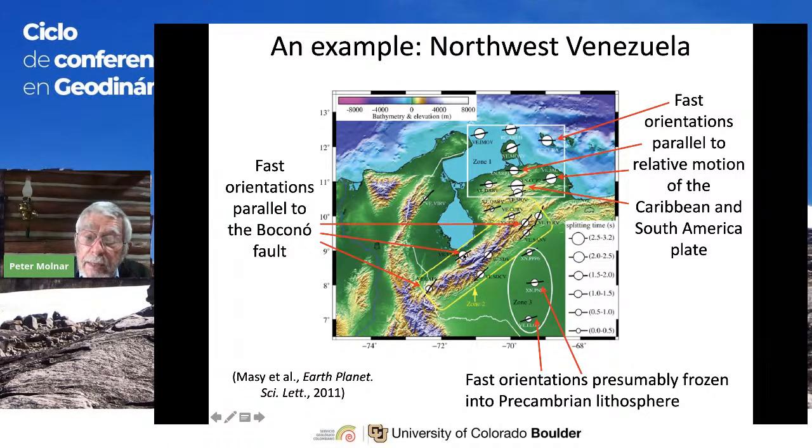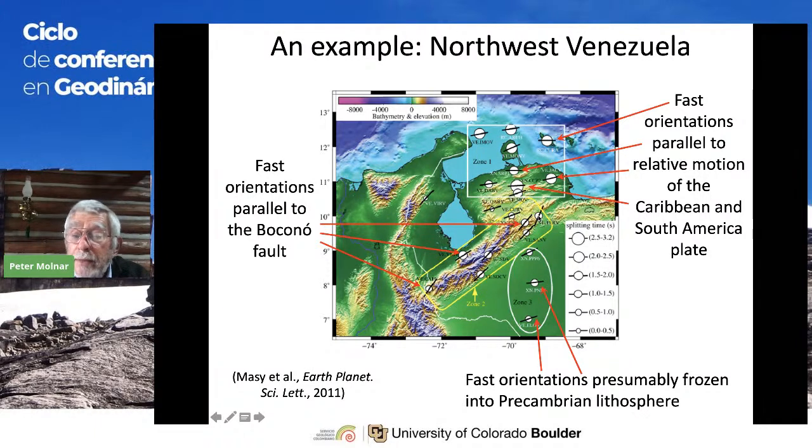In the Merida Andes, where you have the Boconó fault, a big right lateral fault in here, the orientation of the fastest quasi-S wave is parallel to the fault, northeast in here, at all of these stations.